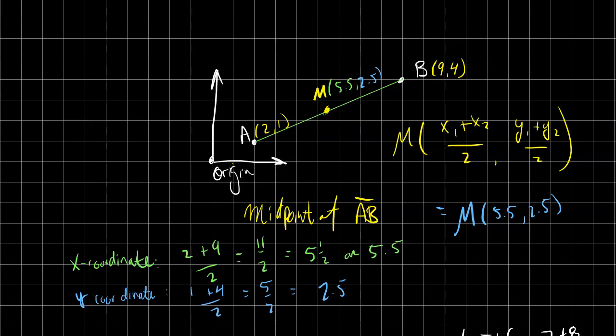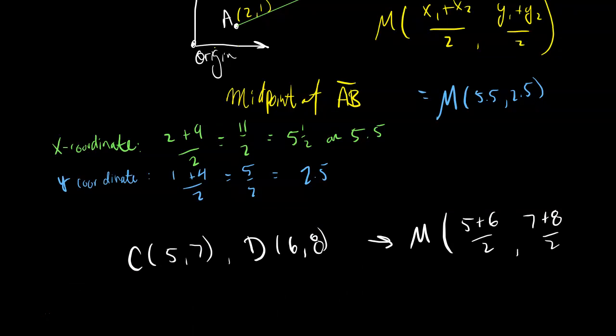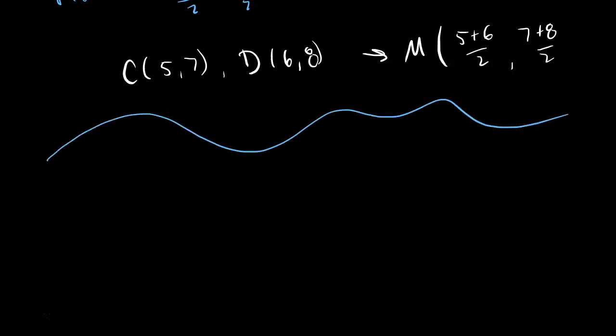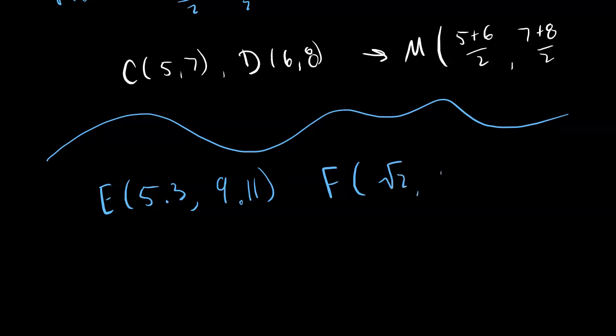Where it becomes a little bit stranger, and we are allowed to do this, is if my original points weren't nice. So if my original points were weirder. So I could, for instance, have the point, say, E is 5.3 and say 9.11. And then F could be something like square root of 2 and pi, whatever you want.